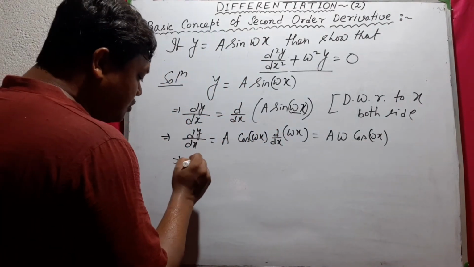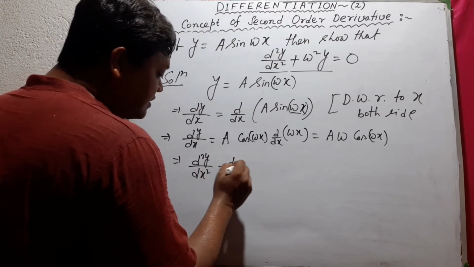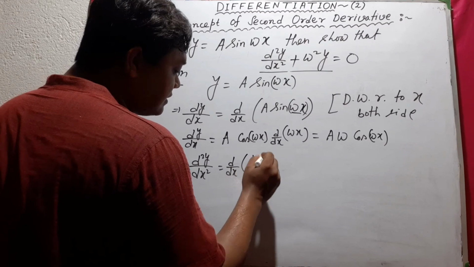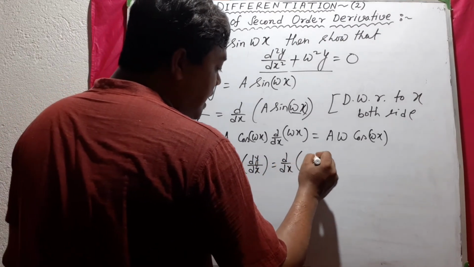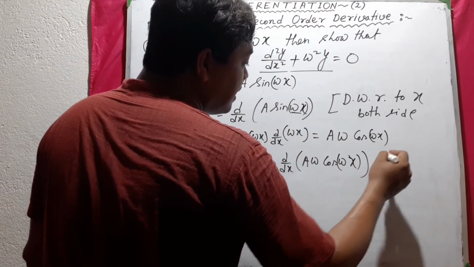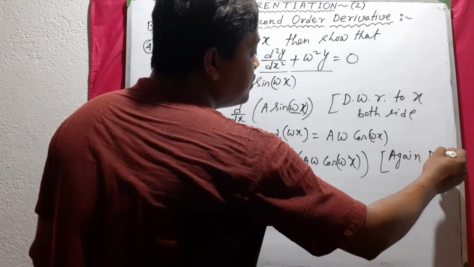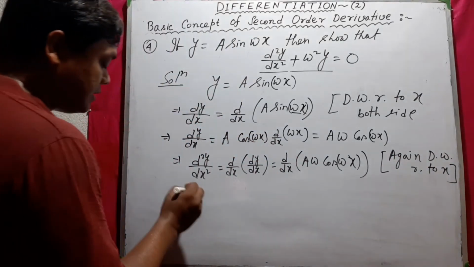And now d2y/dx2, that is d/dx of dy/dx, so that is d/dx of a omega cosine omega x, and again differentiate with respect to x both side.